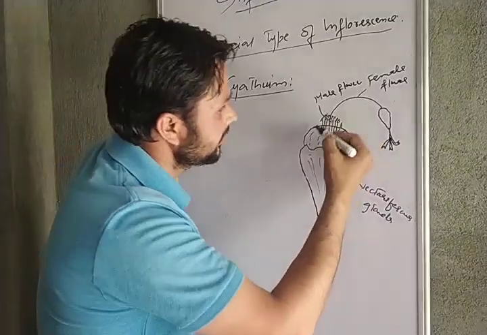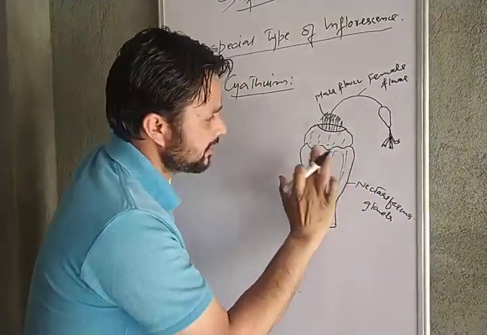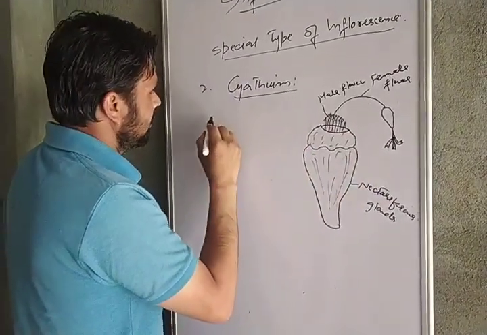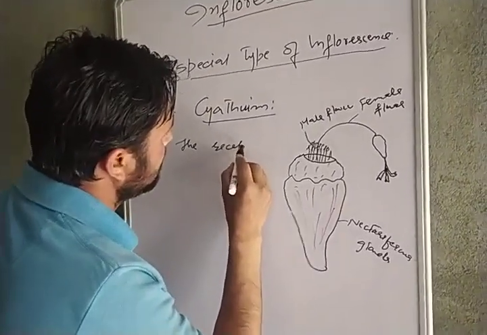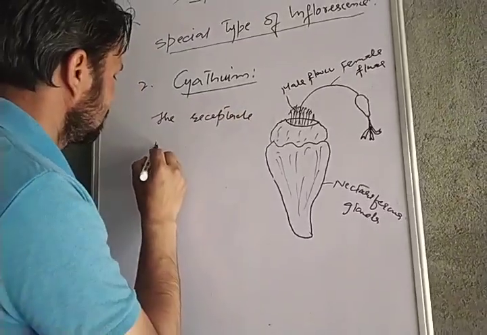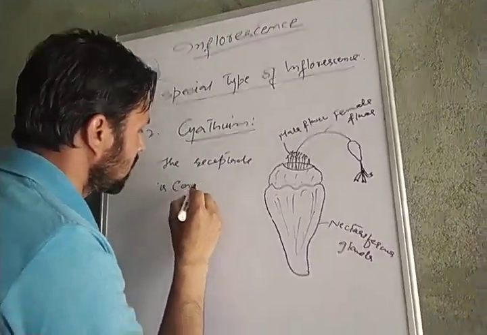You are seeing this special type of inflorescence, it has a receptacle. We can write: receptacle is cone shaped or conical shaped.